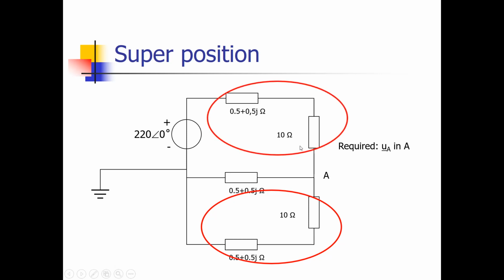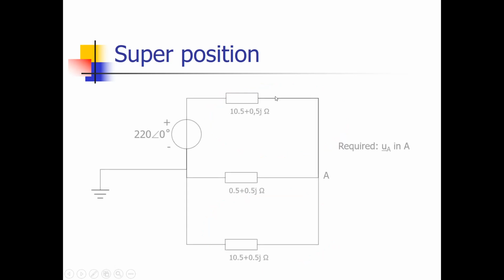We can do the same in the upper part of the circuit with the same resistor and the same complex impedance parts. So when we have done that, we have two new complex impedances over here with the real part 10.5 ohms and the imaginary part 0.5j ohm, which is also the situation over here.